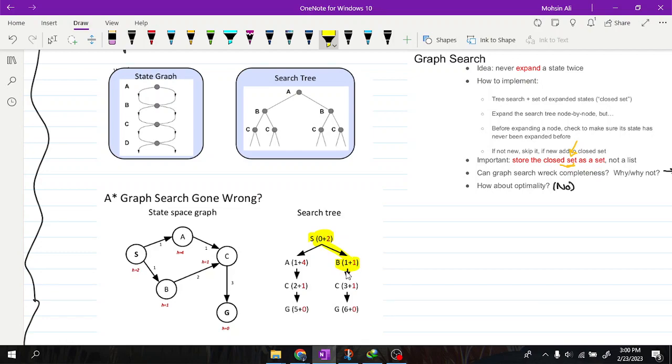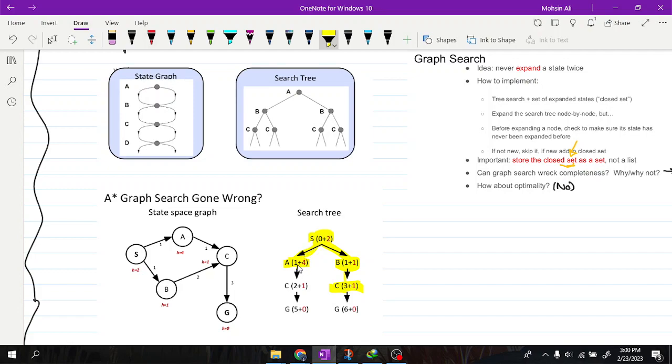Now I have a C of 4 or A of 5, and I would choose this one because this is much less than 5. Now I have a cost of 6. And over here there's a cost of 5, so I would choose this option because 5 is less than 6.